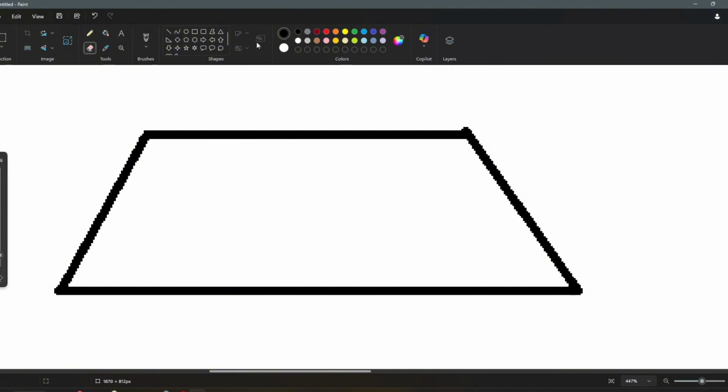Okay, how do I find this vertical right here, given that this is 2.5 and this is 3?